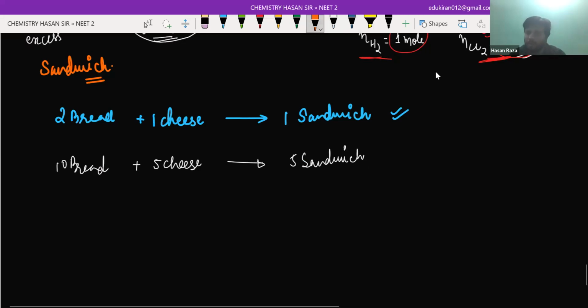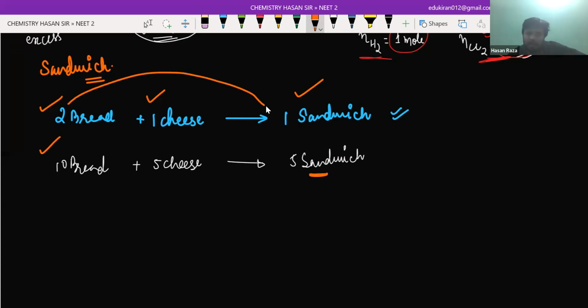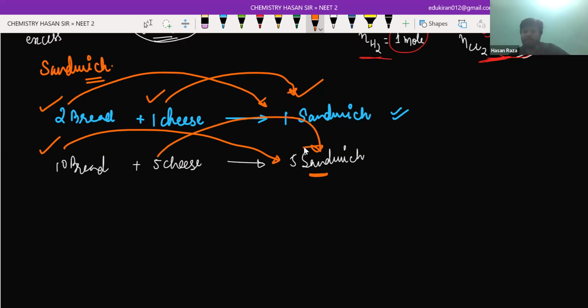Are you able to understand this? 2 bread and 1 cheese are required to get 1 sandwich. So 10 bread, 5 cheese, and you will get 5 sandwiches. Compare this 2:1 or 1:1. Here you can see 10:5, that is 2:1, and 5:5, that is 1:1.